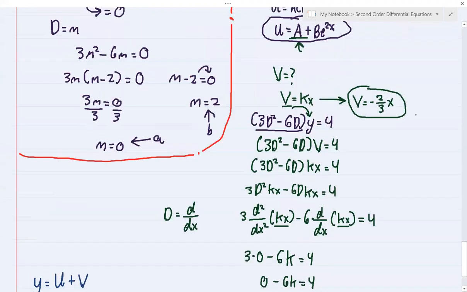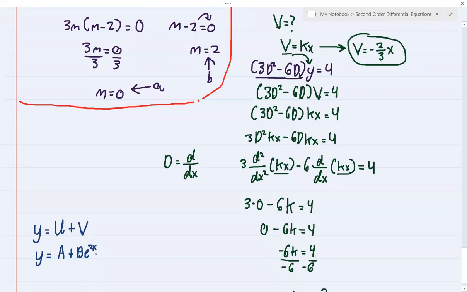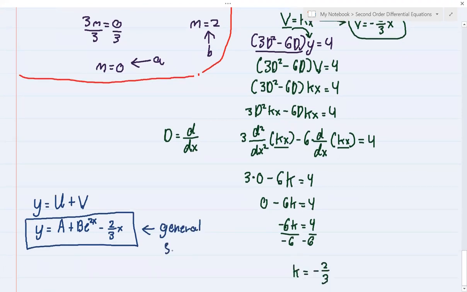And then your v, we have negative 2/3 of x. So see, this is your general solution. This is once again your general solution.